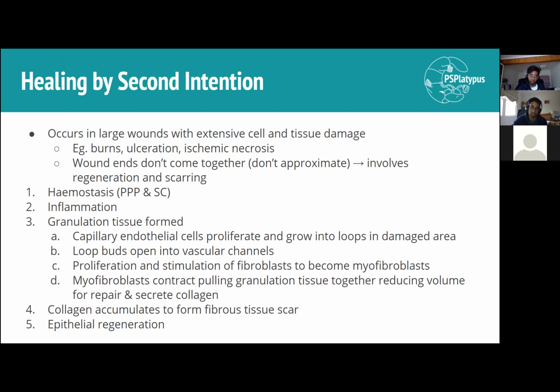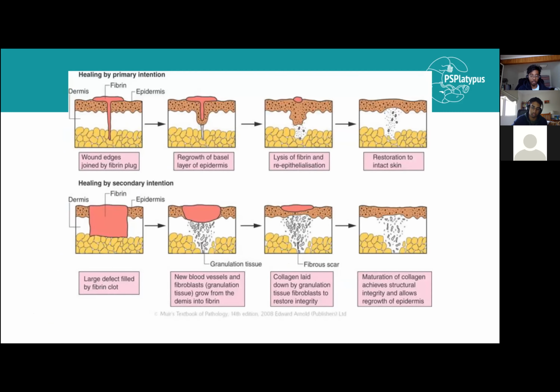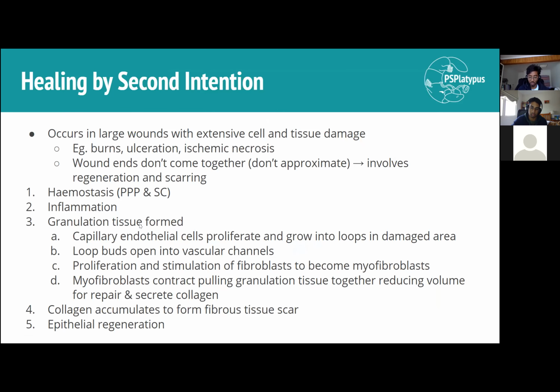Next, we have proliferation and stimulation of fibroblasts to become myofibroblasts. And these myofibroblasts, first of all, secrete collagen, and they also contract and pull the granulation tissue together to reduce the volume needed for repair. So it's kind of like in the second picture, where the ends of the wound actually pull together to reduce the amount that needs to be healed.